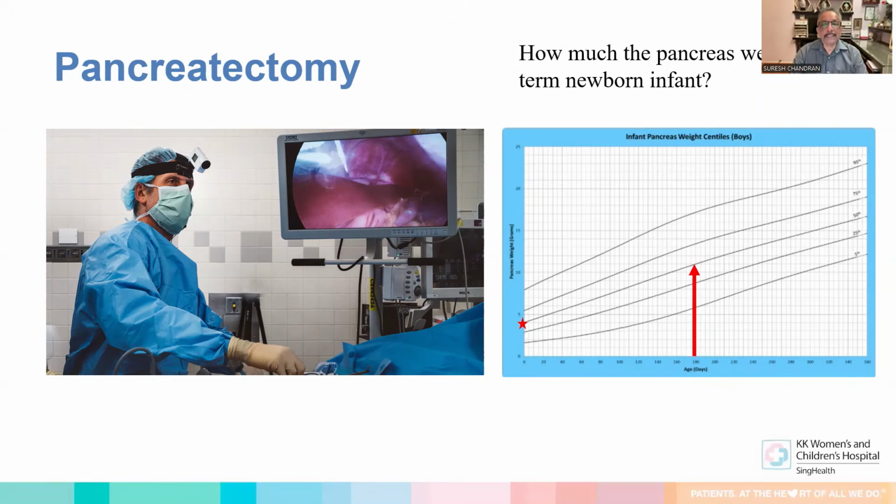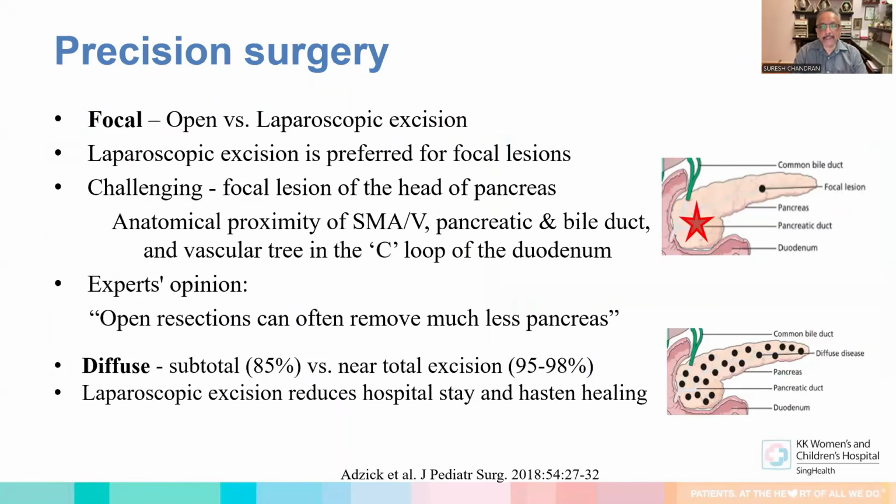So his expertise comes in that, especially the real challenge is when you have got a focal lesion in the head of the pancreas, and which is sitting in a very risky area because of the C loop of the duodenum with the superior pancreaticoduodenal artery, inferior pancreaticoduodenal artery, the proximity of the superior mesenteric artery and the superior mesenteric vein, and the bile duct. So the precision surgery depends upon the expertise of the surgeon.